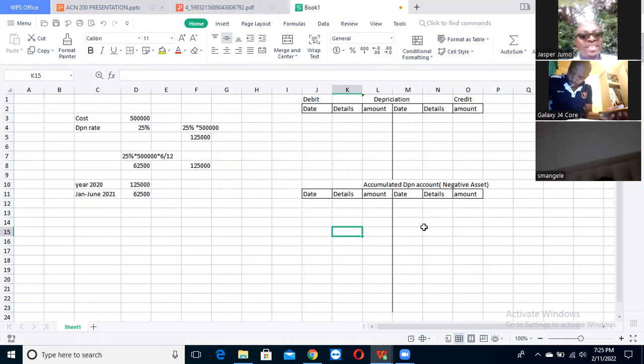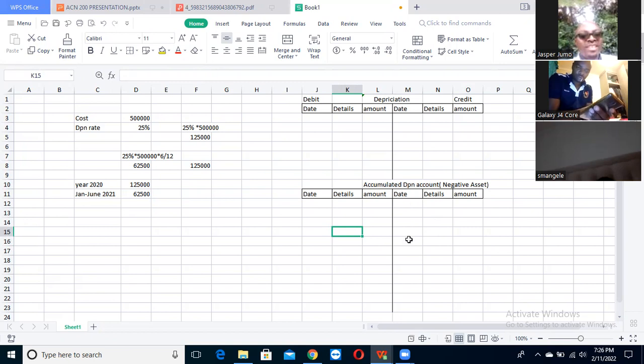And therefore, if we are reducing the value of an asset, it becomes a negative asset. Mathematically, if we put a negative sign to anything, it means we are reducing. So the accumulated depreciation reduces the value of an asset, and therefore it is referred to as the negative asset account.